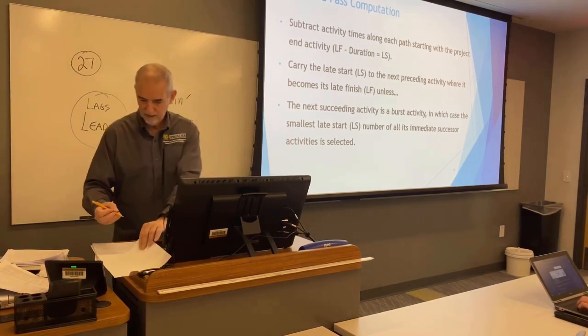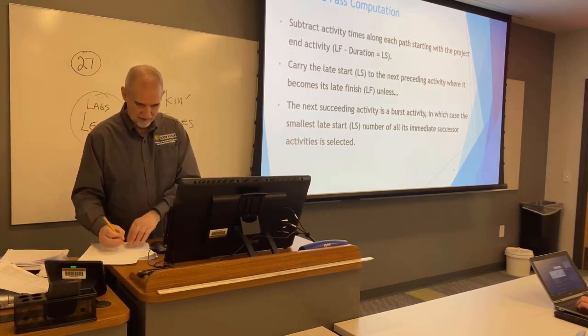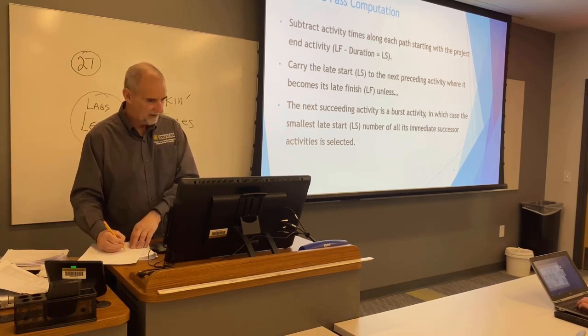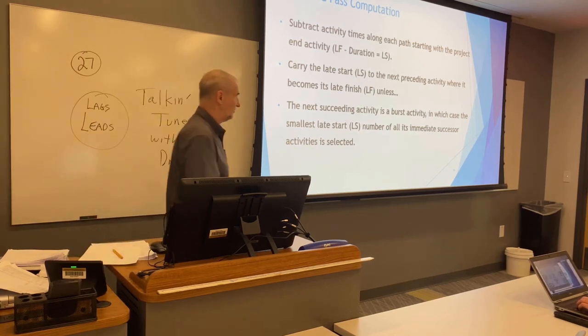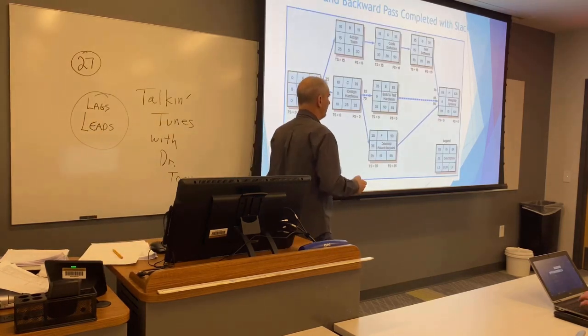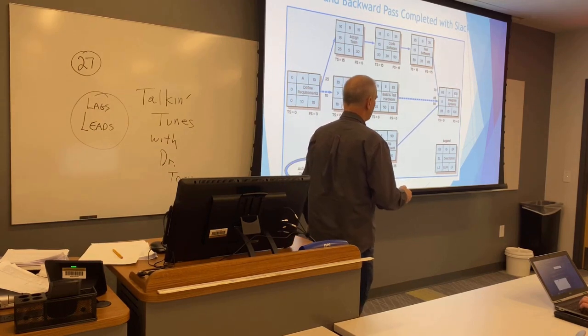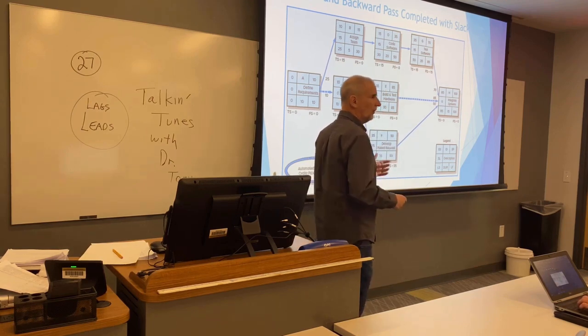I'll write it down for me so I don't forget. Latest finish minus duration equals latest start. Okay, great. So let's go and check it out. All right. When you have the last one, what you do for the latest finish, it's the same as the earliest finish. That's a rule.